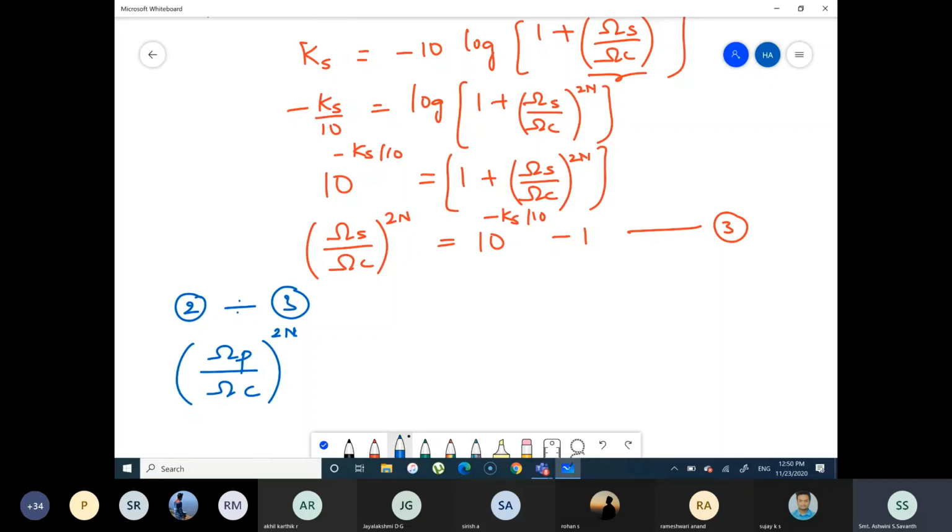You divide that by this term, or that means you can multiply by (omega c by omega s) to the power 2n. That's the same thing, I've taken the reciprocal. Then right hand side, (10 power minus kp by 10, minus 1) divided by (10 power minus ks by 10, minus 1).